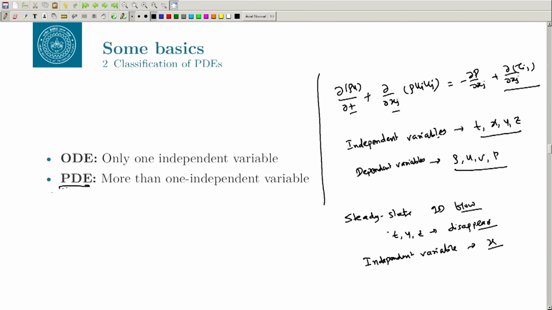Here it is x, y, z and t, but it can be anything which comes in the denominator of a derivative; those are the independent variables, and in the numerator are the dependent variables. For example, rho can be expressed as rho of x, y, z and t. So rho is the dependent variable and x, y, z, t are the independent variables.